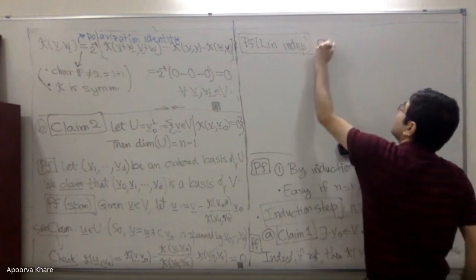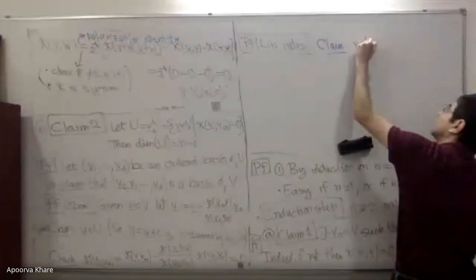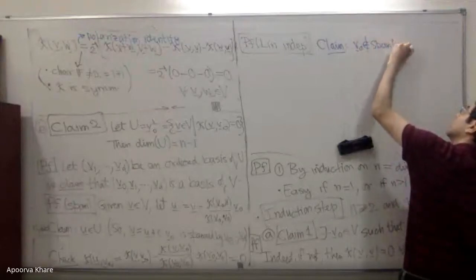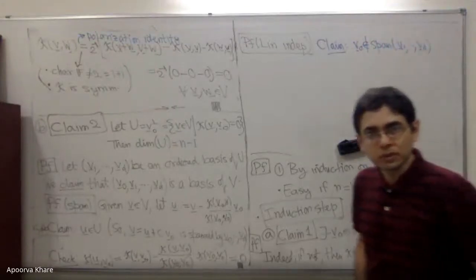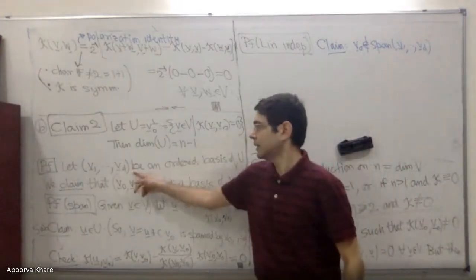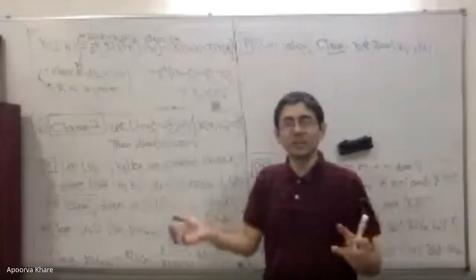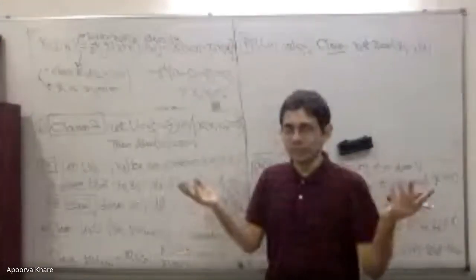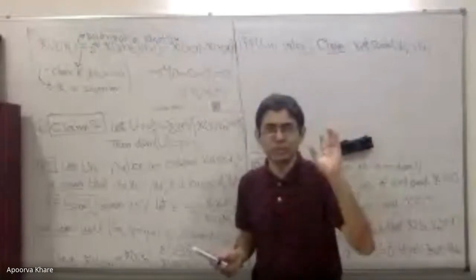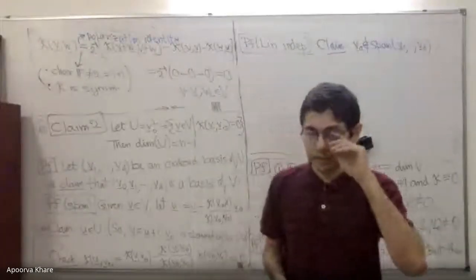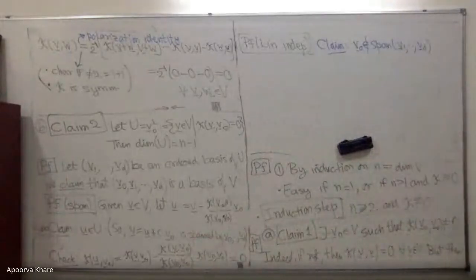The claim is that V0 is not in the span. If you can prove this claim, then here is a linearly independent set, and here is a vector not in the span of them. When you add such a vector to the linearly independent set, you still get a linearly independent set. That's a very old homework, like homework 2 or something, extremely basic, which we kept using again and again in this finite dimensionality proof. Right? So this proves it.